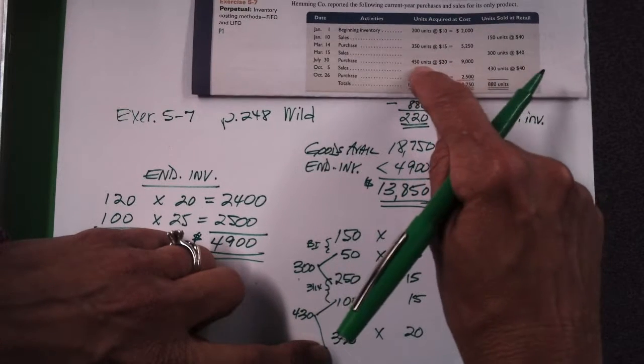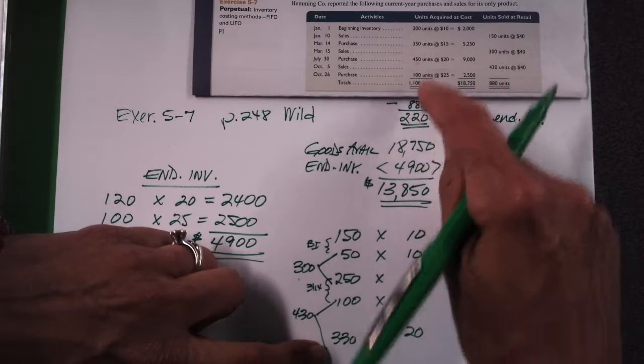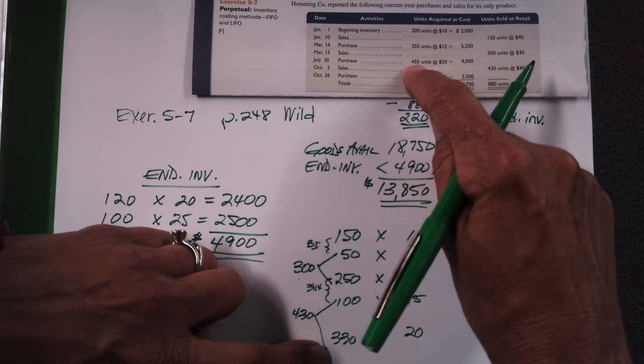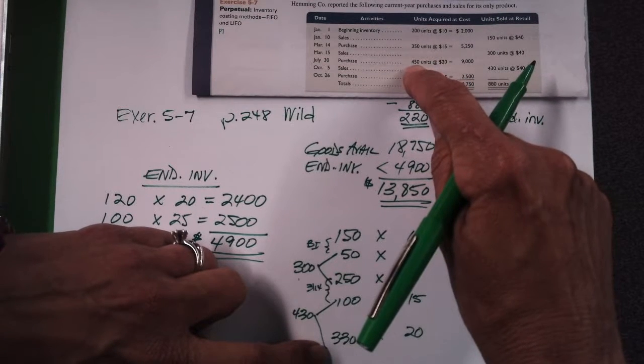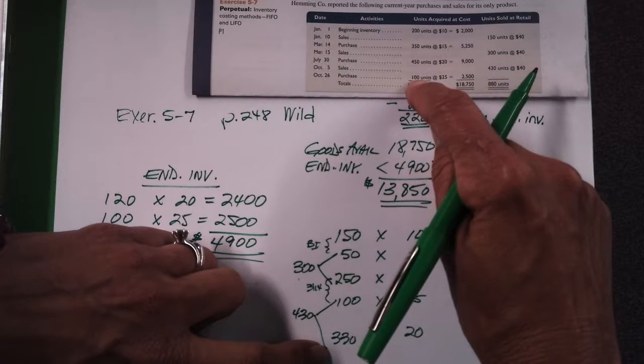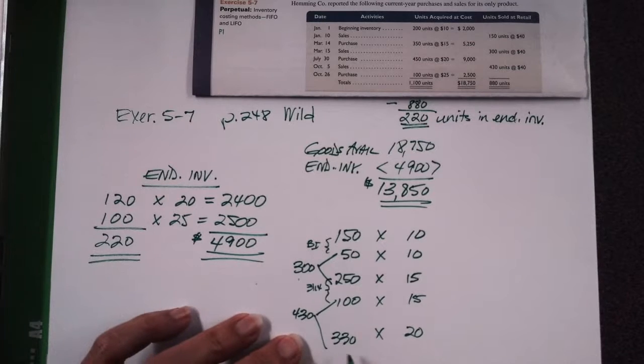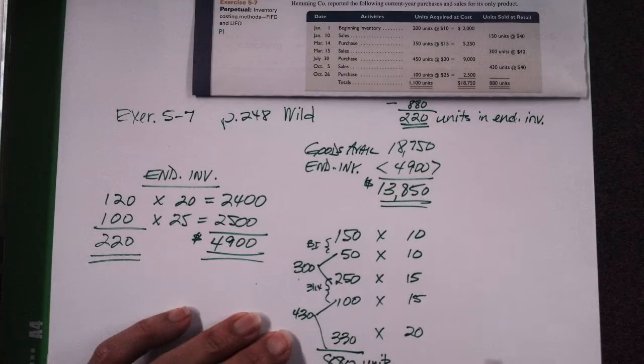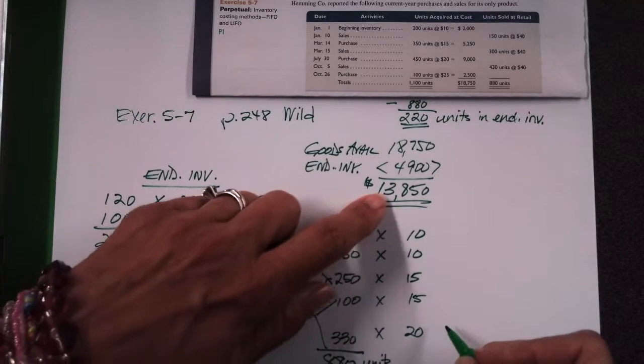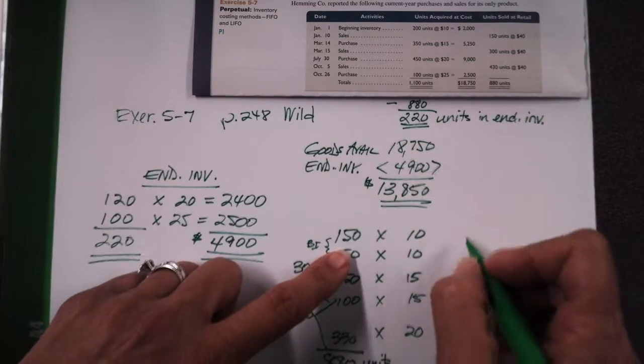Well, interestingly, we've got 220 units left, so if I take 330 out of 450, there's 120, and there's 100. So there's my 220. So I know I've done this right. I know that this adds up to 880 units. Okay? Let's see what the dollars add up to. Hopefully it'll be $13,850.